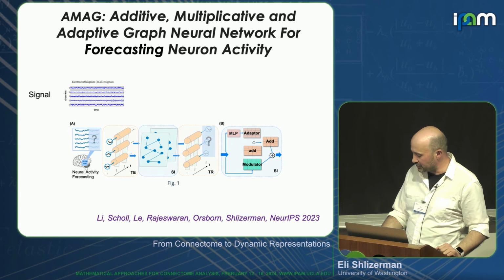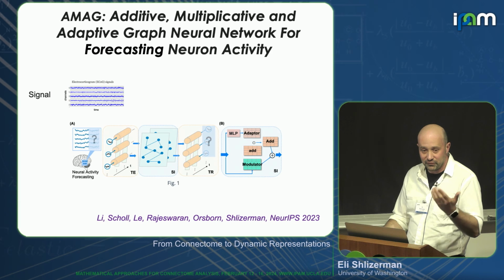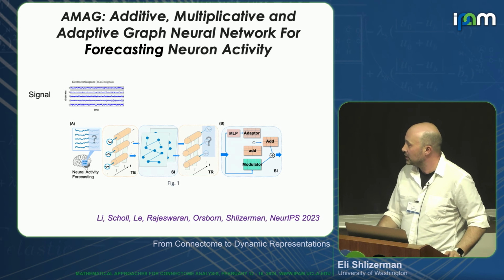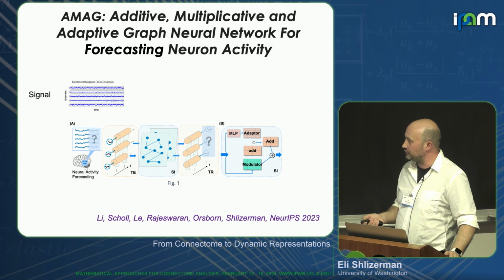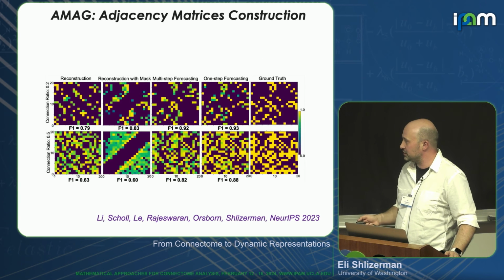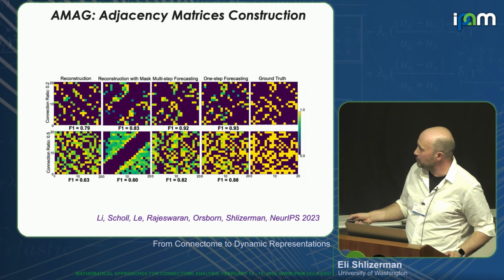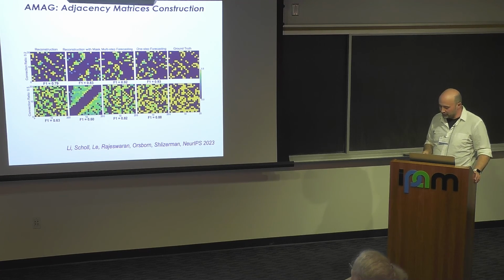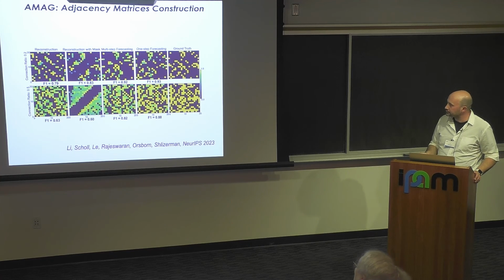And these adjacency matrices can then be used for analysis, or if we don't know the structure, for completing the signal, but also to arrive at a more organized latent representation. And these are just examples of how predicting works. Again, our focus here is to say that it's not just reconstructing; you actually need to predict several steps forward in order for this network to be applicable.